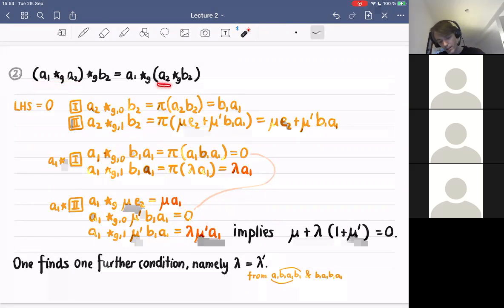But on the right-hand side, we now should first calculate A2, B2. When we don't use G, we just use the old relation, which sends A2, B2 to B1, A1. Okay, we can also use G once, and then we get this term here.